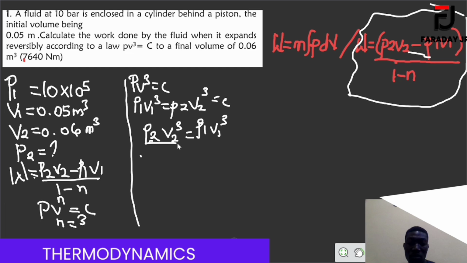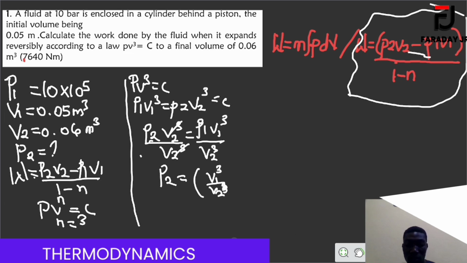Then I divide both sides by V2 cubed, since I'm looking for P2. You can even factorize this by getting V1 exponent 3 over V2 exponent 3.